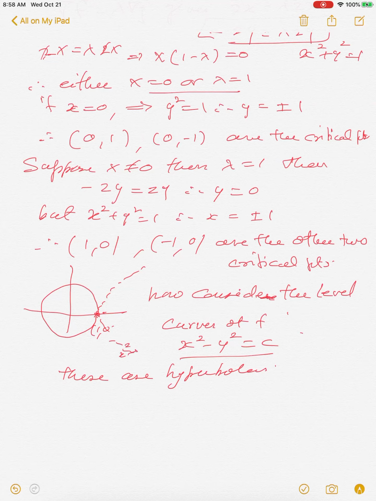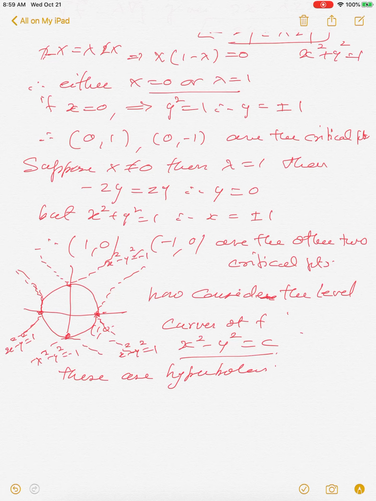The value of the function here will be x² − y² = 1. This is also part of that level curve. When c is 1, it consists of these two pieces. And the other two pieces are going to be x² − y² = −1.